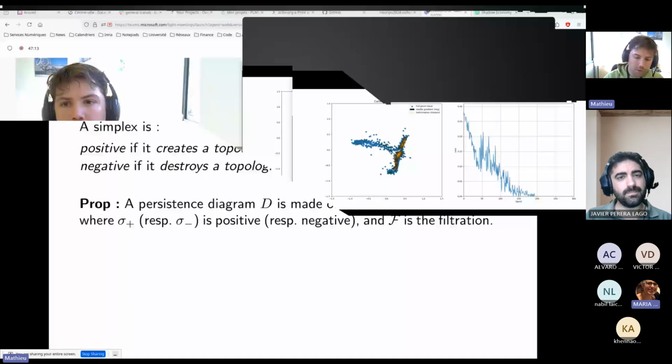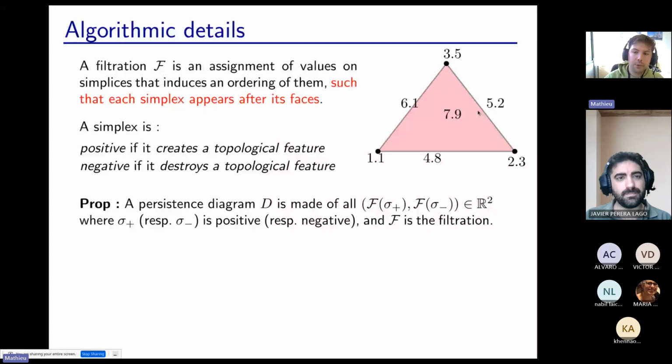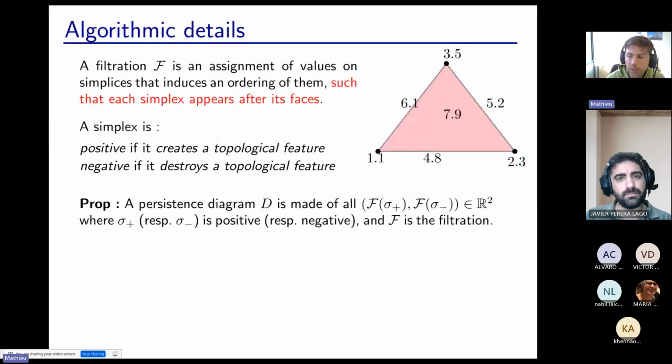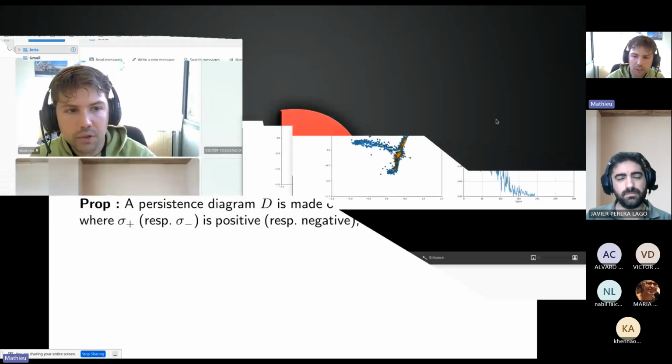The simplices can have the same filtration values actually. Like here, I could have also had 5.2, the same values here. But the only thing is that you still have to break the tie in an arbitrary order. You still have to decide whether you want this one first or this one first.